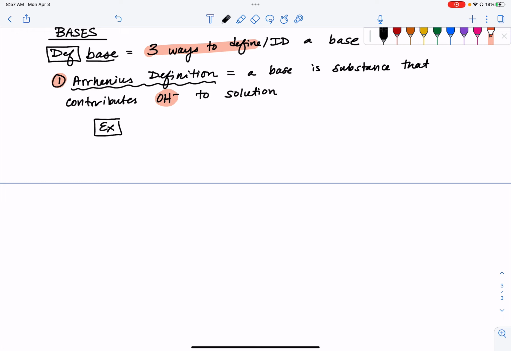So let's talk about our strong bases. These are typically our group 1 and 2 metal hydroxides.